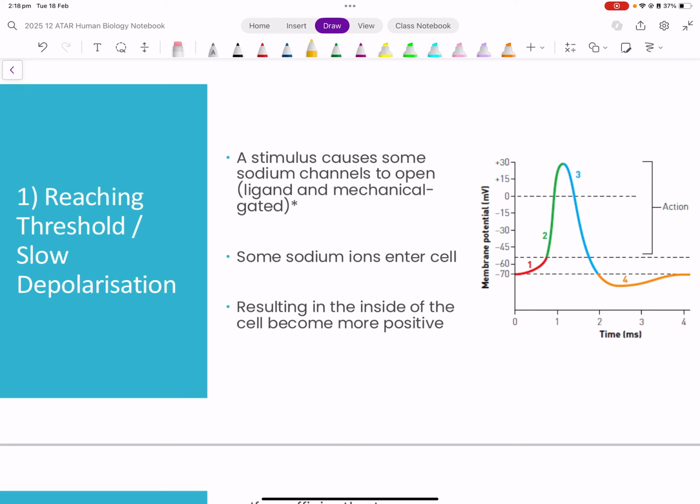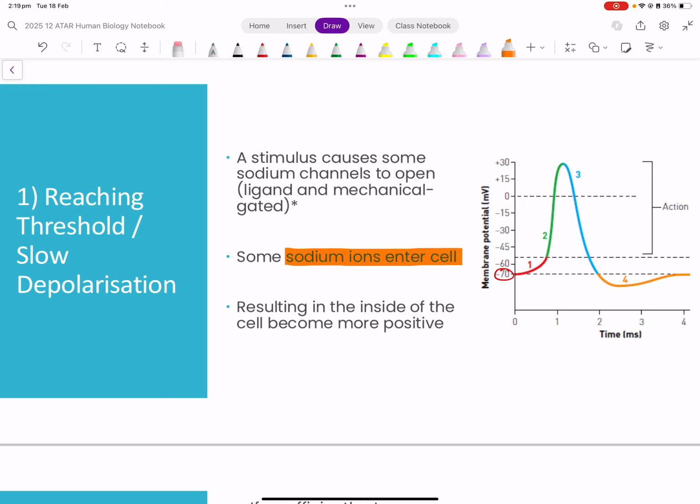So again, our cell is at rest, and in stage 1, what we've just been talking about, the cell is at negative 70 millivolts. Now, a stimulus, meaning a change, causes some of the sodium channels to open. Some of these sodium channels opening leads to sodium ions entering the cell, because they flow down their concentration gradient from being in a high concentration outside the cell to a lower concentration inside of the cell.